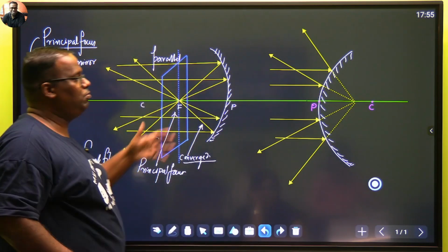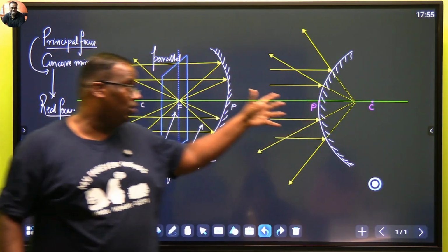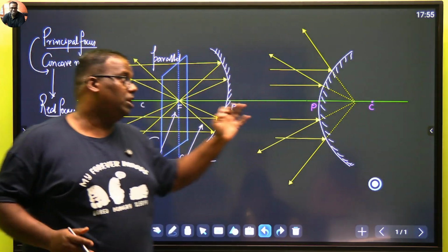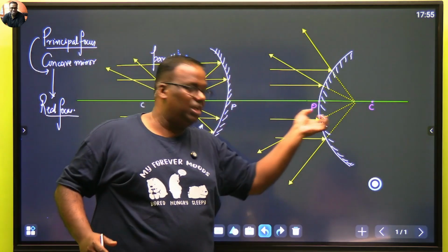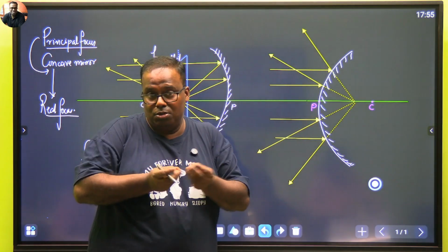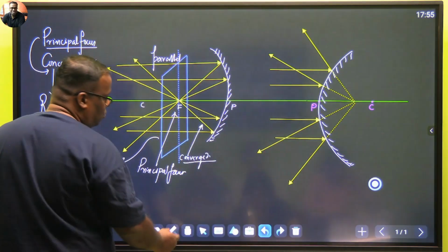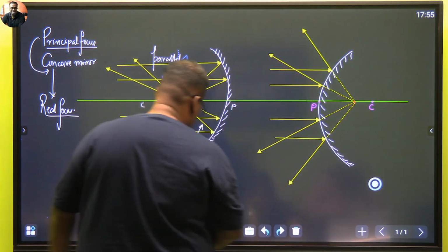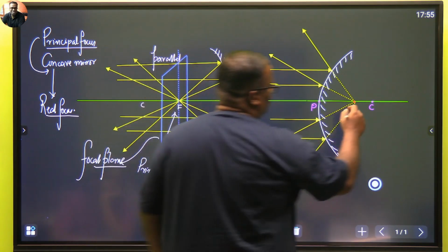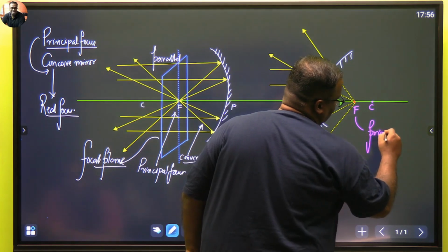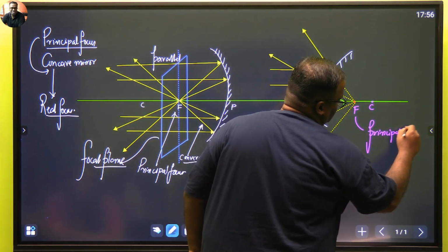A parallel beam of rays has gone and hit, and they have diverged out from the surface. Will they ever intersect? No. But we try to extrapolate and bring them back and think from where did they originate? कहीं ना कहीं किसी common point से तो निकला होगा, और वो common point को हम क्या बोलेंगे? The principal focus. This is the principal focus of a convex mirror.